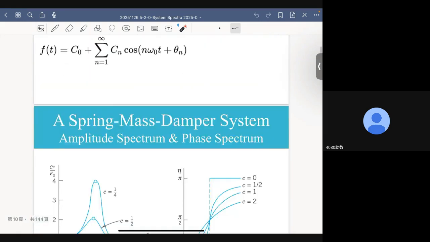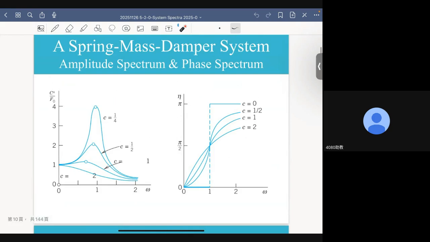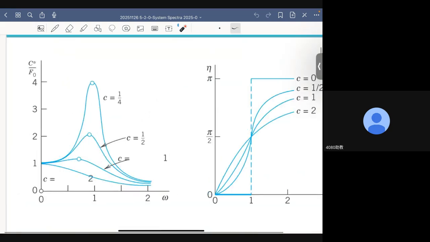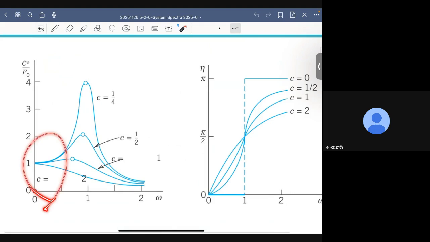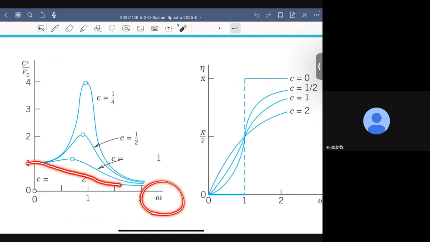For example, what happens is in the low frequency bands, C star divided by F0 is approximately 1, all right? But as frequency increases, if you look at the case of zeta equals 2, it will decrease monotonically with frequency, all right?